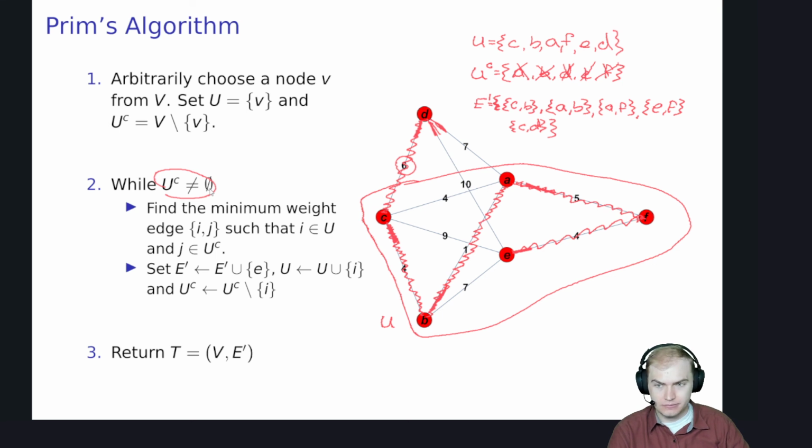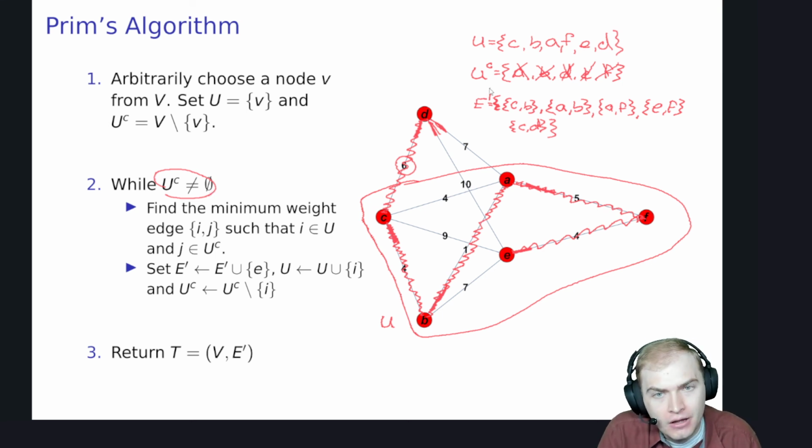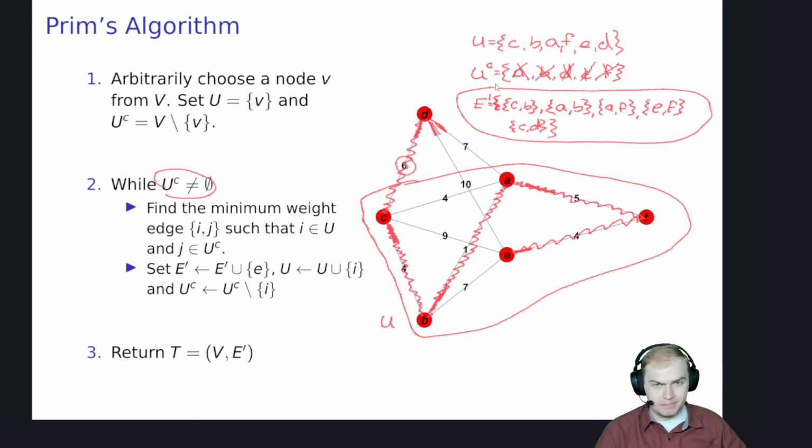And we're done. We found not the same tree that we found last time. I made an arbitrary decision that gave us a different tree, but it has the same weight: 4 plus 5 plus 1 is 10, plus 4 plus 6 is 10, is 20.